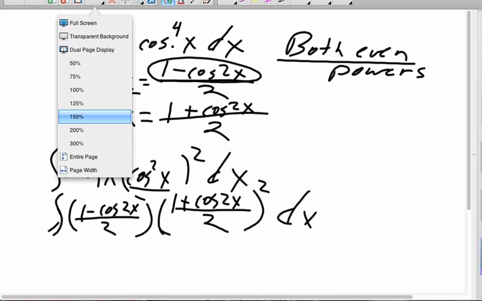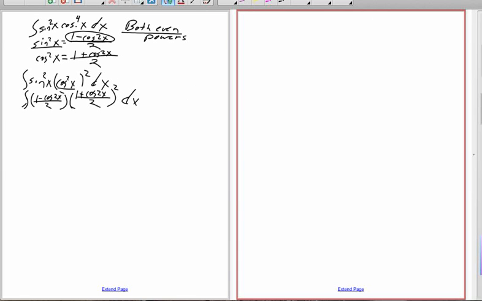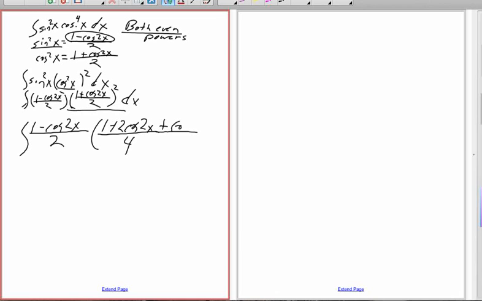Okay, so the way to handle this problem then is you come back in, and the first thing I'm going to do is expand this one out. So I've got the integral of 1 minus cosine of 2x over 2. And then I'm going to have, this is all going to be over 4. 1 plus 2 cosine of 2x plus cosine squared of 2x.